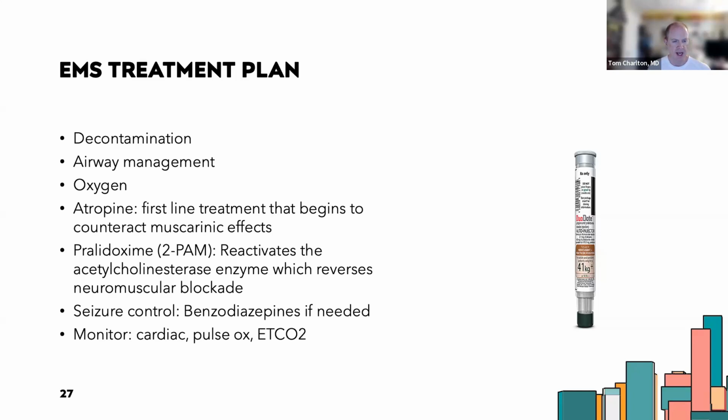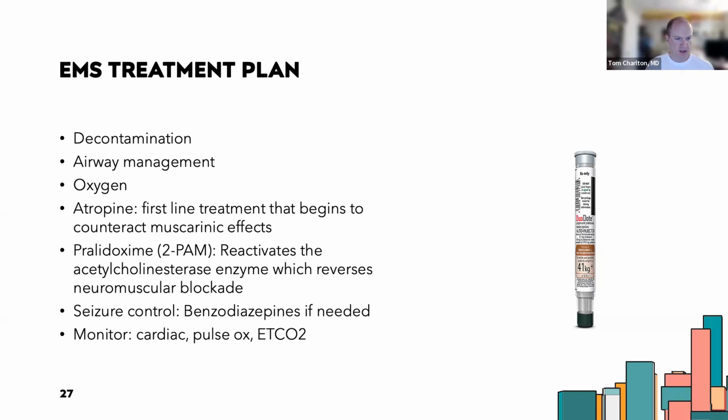It's important that this happens in a timely manner because the longer that organophosphate is interfering with that acetylcholinesterase, the more likely it is that that enzyme is going to be permanently damaged and not be able to begin working again. The pralidoxime allows it to hopefully be stripped of that organophosphate, and it can then be used and recycled by the body and begin having effects fairly quickly.